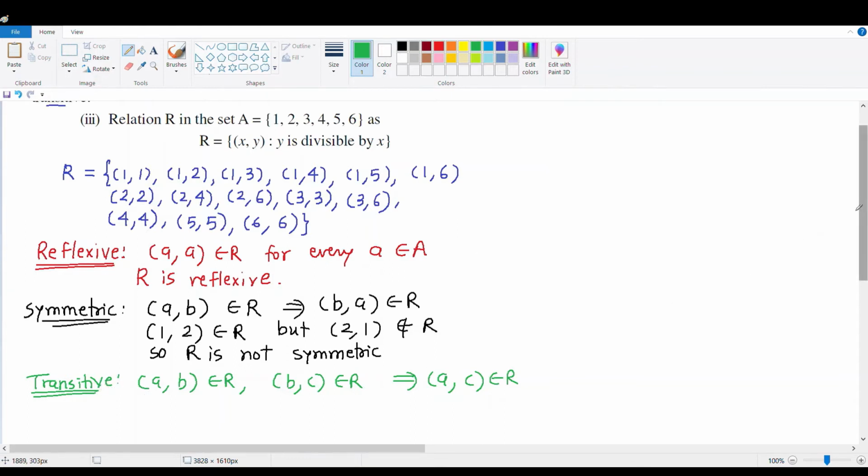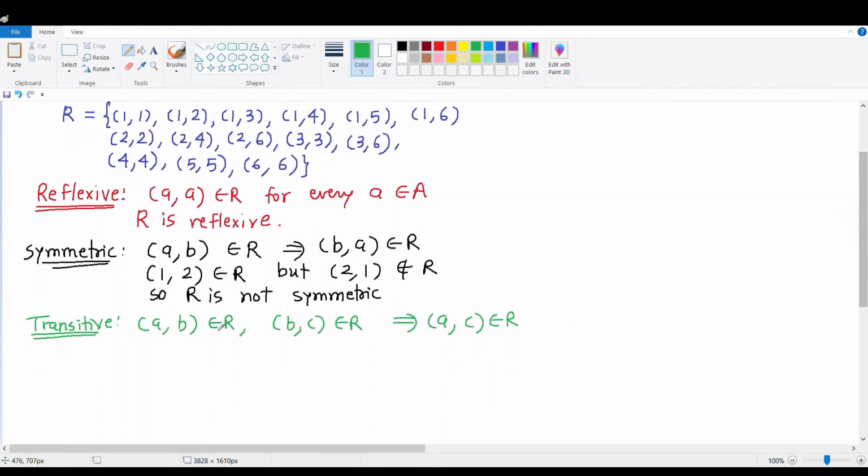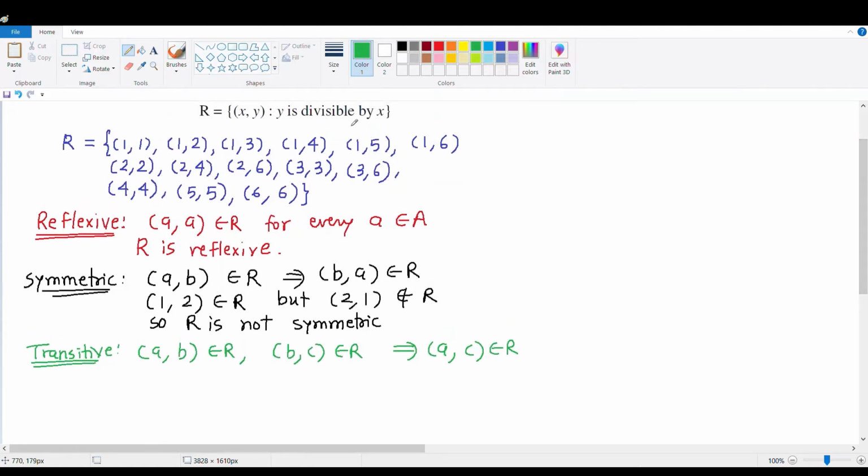So for this, the condition was what? That y is divisible by x. That means this b must be divisible by a and this c must be divisible by b. So if we think that in this relation (a, b) is in R, that means from that condition b is divisible by a, right? We were given what? y is divisible by x.